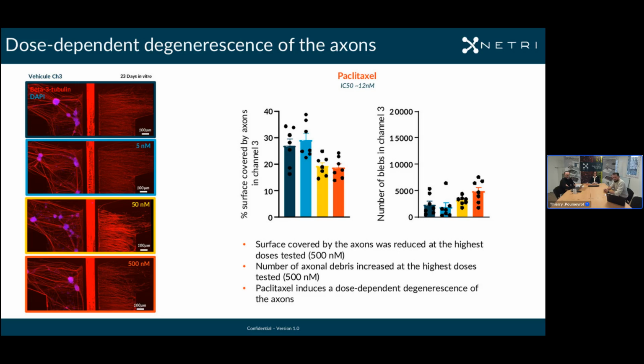This shows that in our devices, paclitaxel induced dose-dependent degeneration of the axons, as shown in the literature, indicating that this model reproduces one of the characteristics of CIPN, the dying back of the axons. Something I didn't write is that the concentrations of paclitaxel and all compounds have been chosen to match patient plasma concentrations, in order to be relevant in terms of human translation.